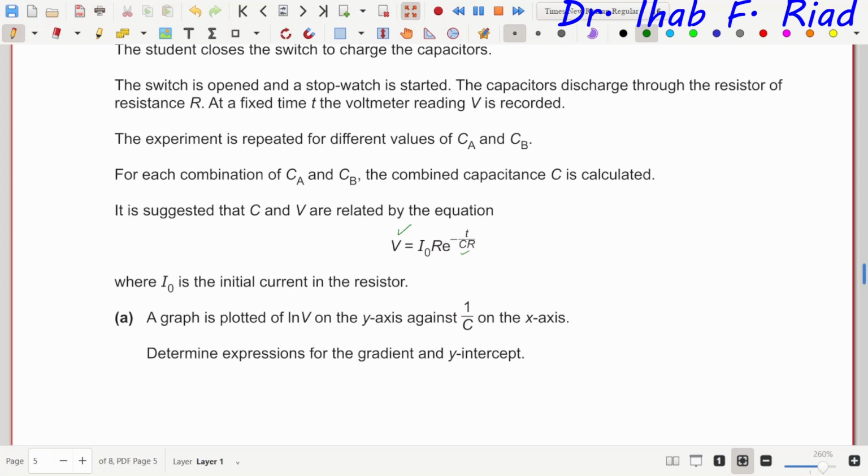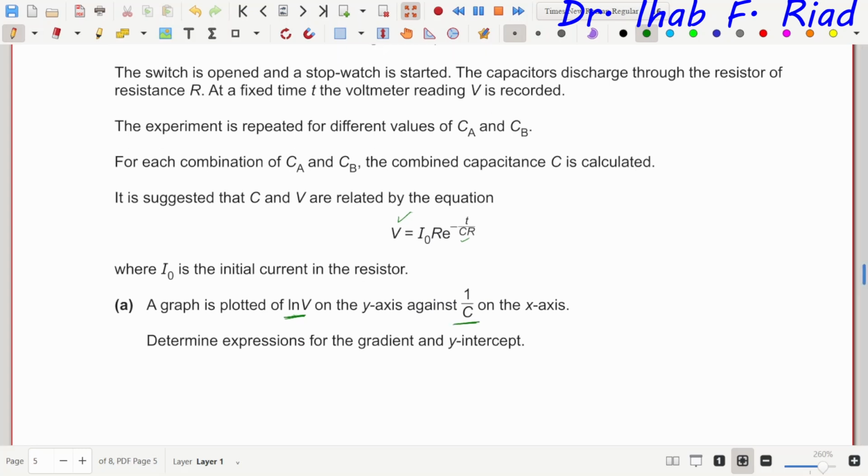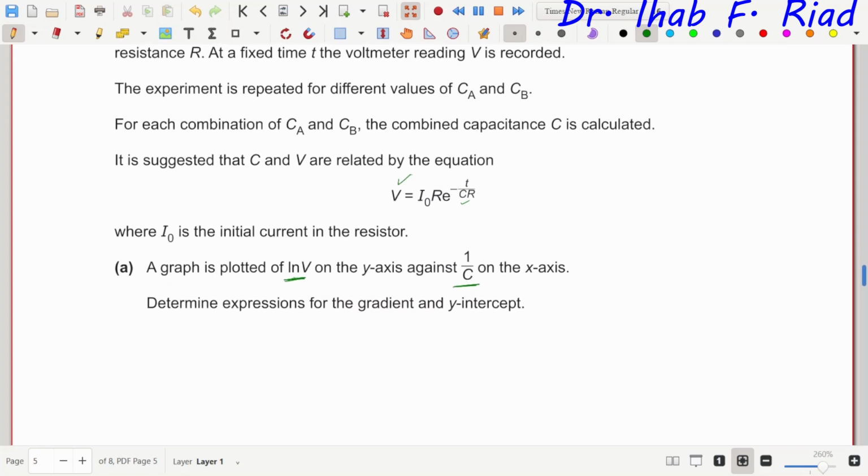A graph is plotted of ln V against 1 over C on the x-axis. Determine expressions for the gradient and y-intercept.